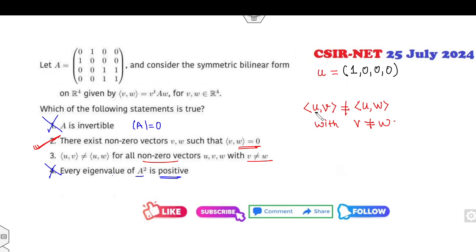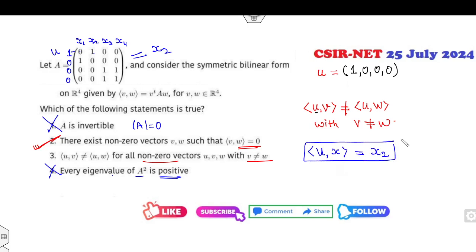I can take this as 1, 0, 0, 0. This is my u, and this is my vector, say x1, x2, x3, x4. Now if you write in the quadratic form, what will happen? This is only x2, because 1 into x1 is 0, 1 into x2, and the rest of the elements are 0. That means this form u comma x is nothing but only x2.